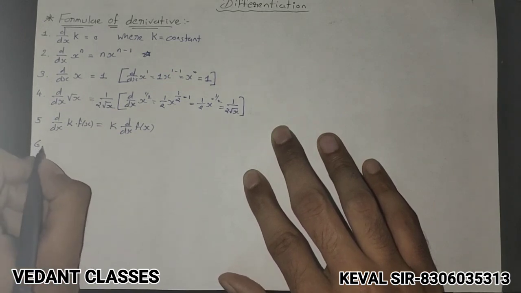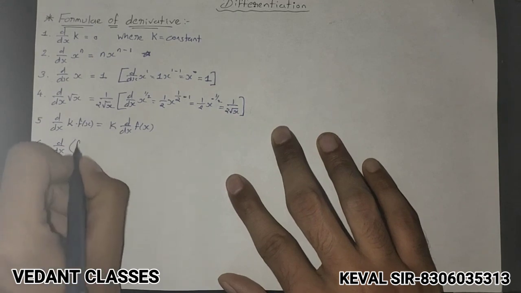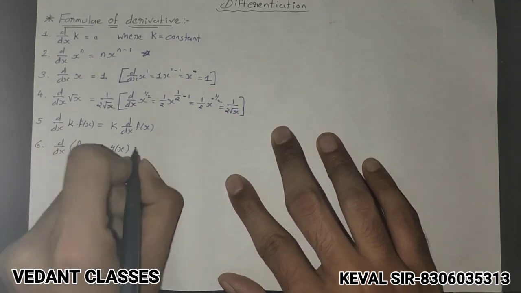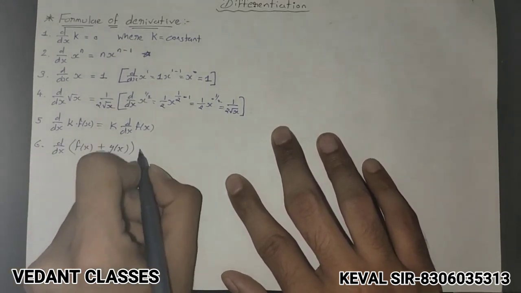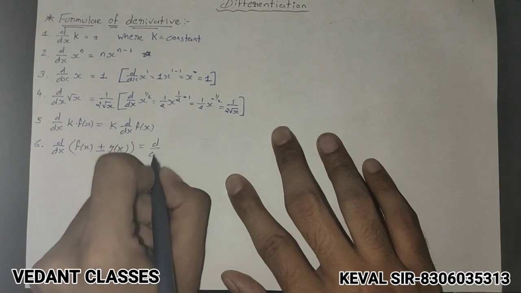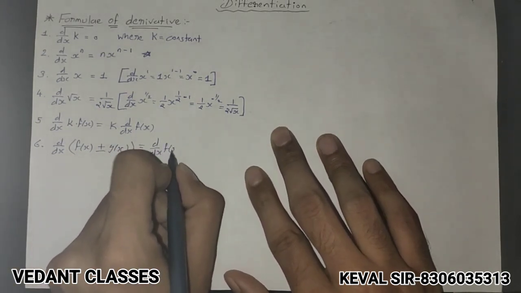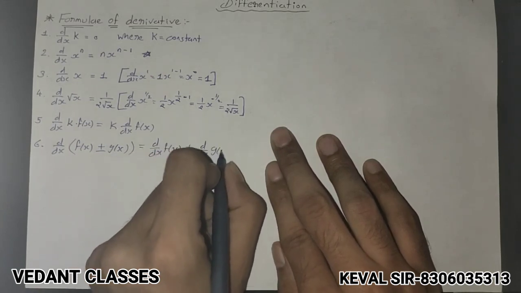The sixth formula is a very important rule: d by dx of f of x plus or minus g of x. Let's say any two functions are given as a sum or a difference. You can apply the derivative to both the functions individually: d by dx of f of x plus or minus d by dx of g of x.